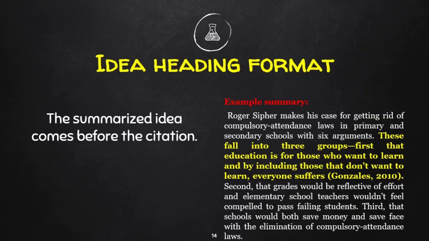First, that education is for those who want to learn, and by including those that don't want to learn, everyone suffers. Gonzalez 2010. So let's take that for example. As you can see, the summarized part came prior to the author. The author here is Gonzalez in 2010.